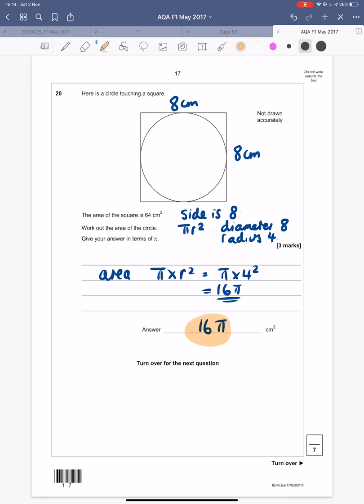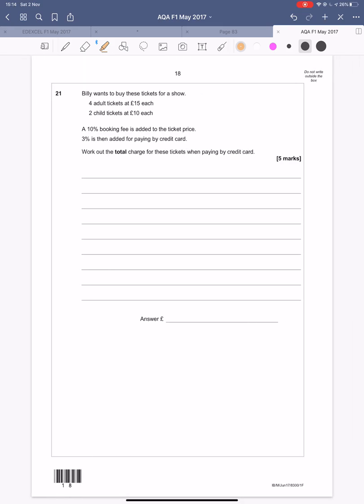Okay. Next one, 21. Billy wants to buy these tickets for a show. 4 adults at 15, 2 at 10. You get 10% booking fee for the ticket price and 3% for credit card charge. Work out the total charge.